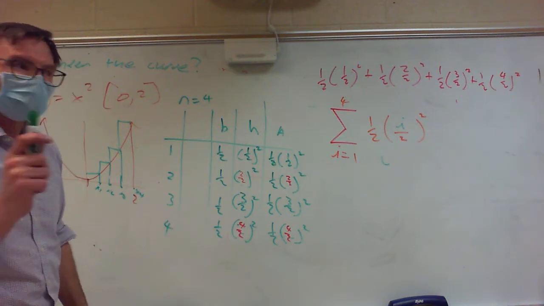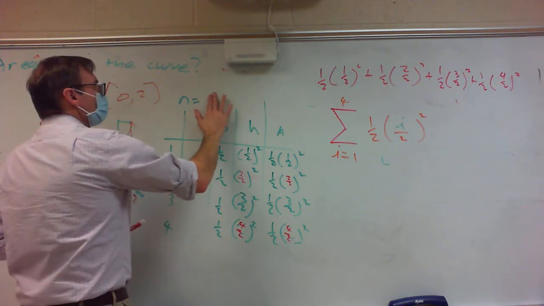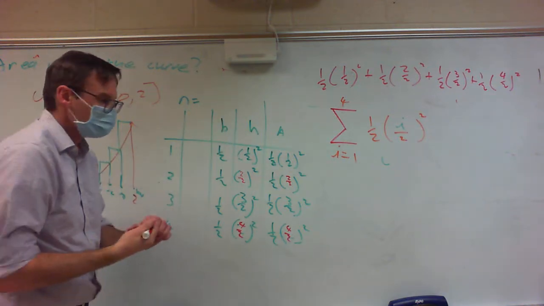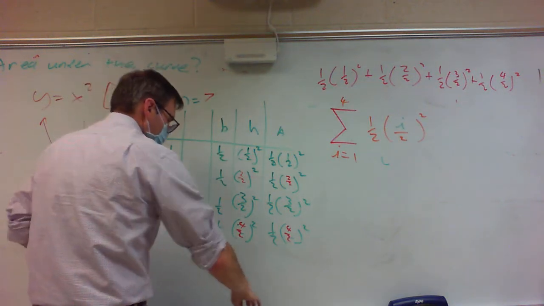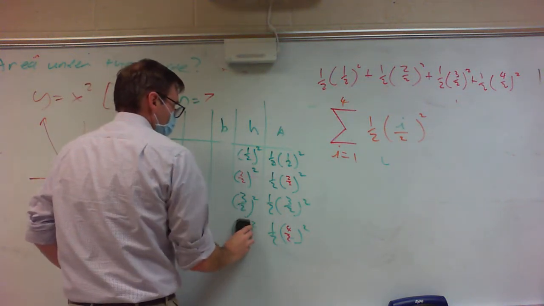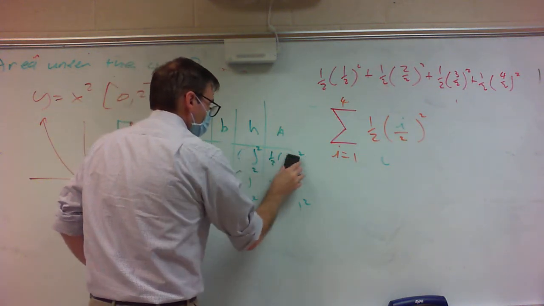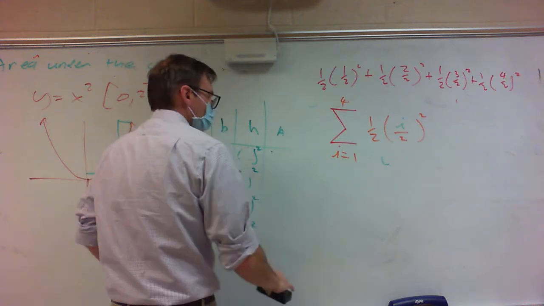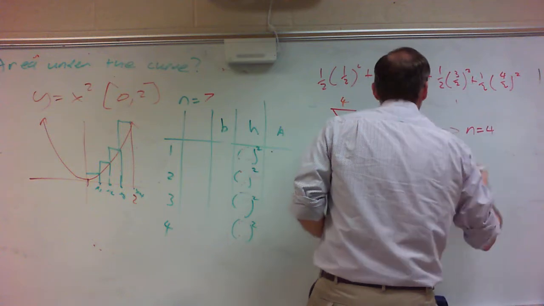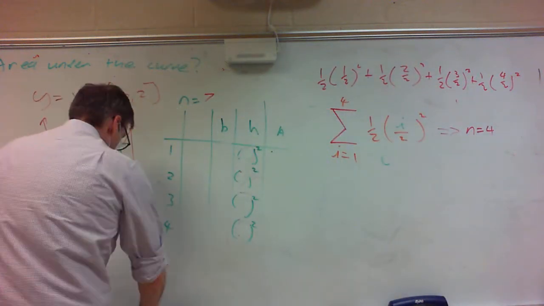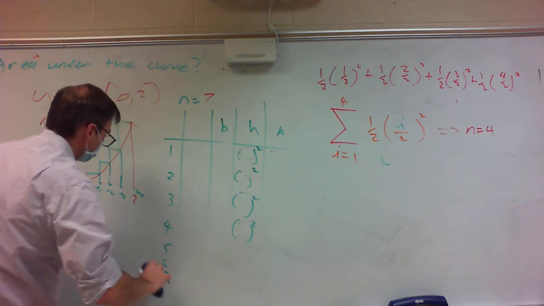All right. Now, what changes if instead of wanting 4 rectangles, what if I want 7? So I'll go ahead and say this is when n equals 4. 5, 6, and 7.